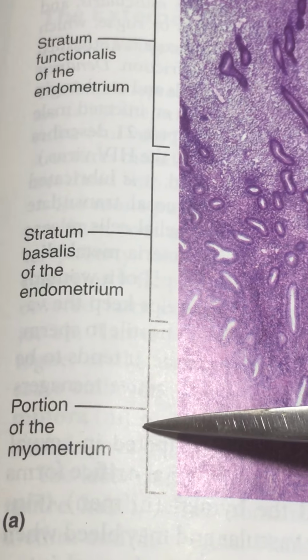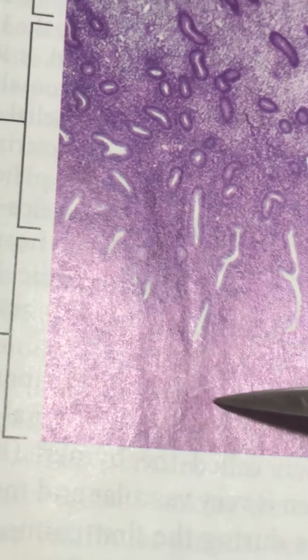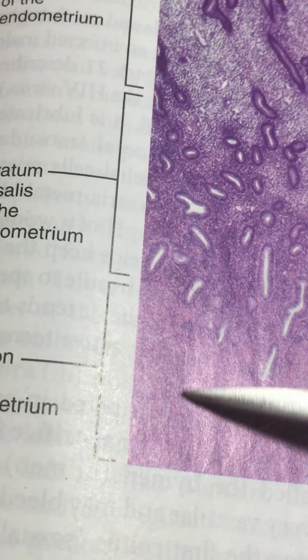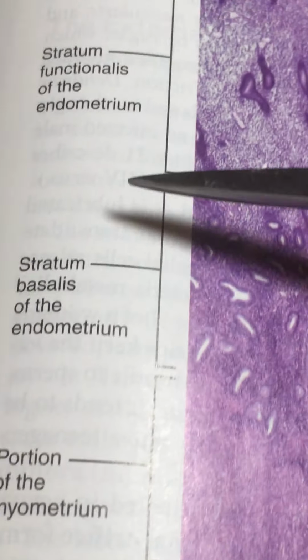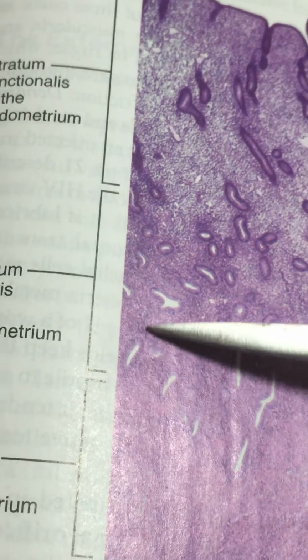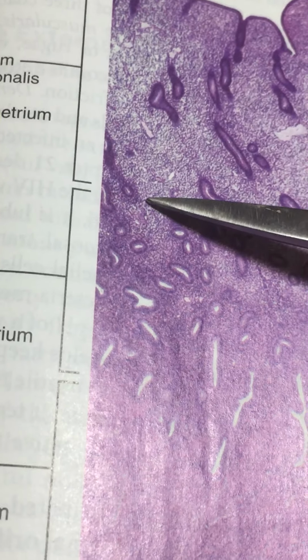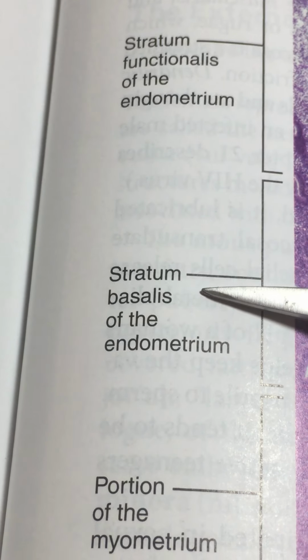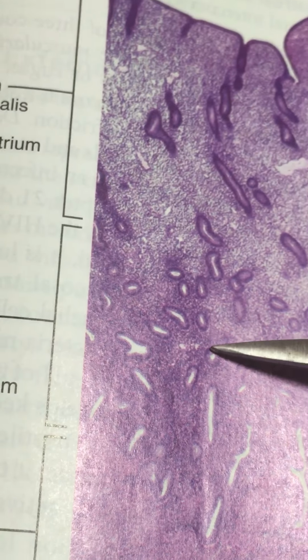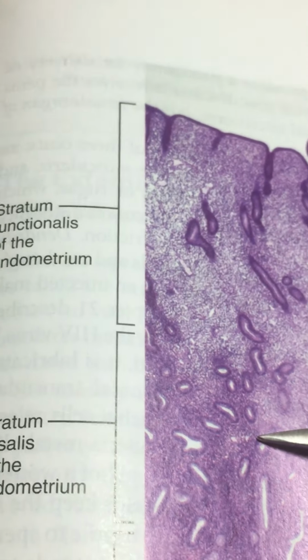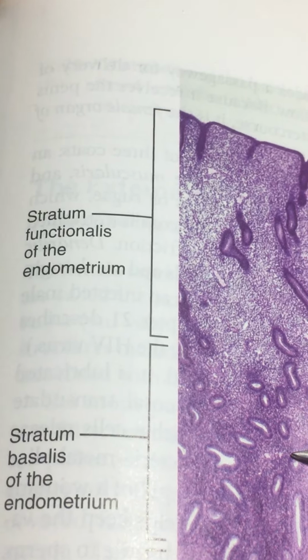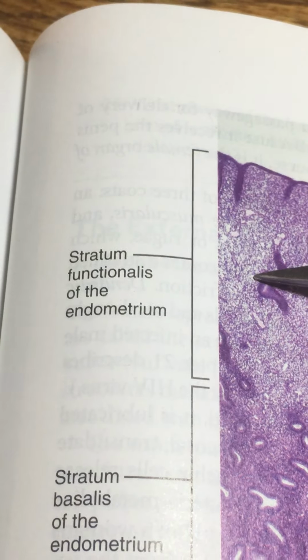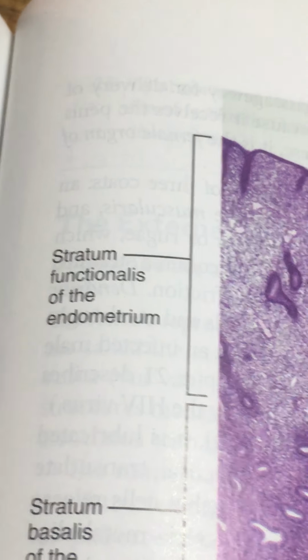So this is the myometrium here. This is just pure muscle. Over here we have a layer which represents the stratum basale, which is the layer that one keeps even during exfoliation of this outer layer, which is the stratum functionalis.